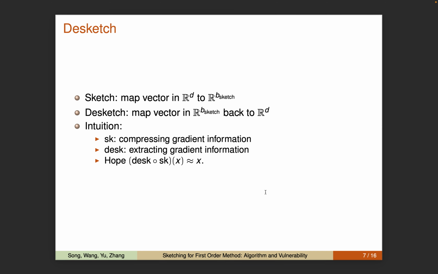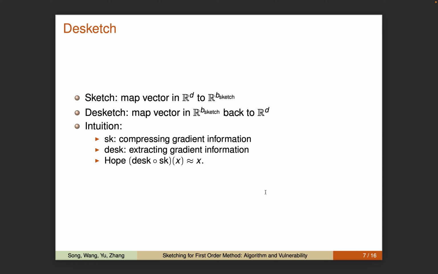This leads to our main algorithm. Before diving into that, we need to introduce some notions. We call sketch a mapping of a vector from R^d to R^B_sketch, where B_sketch is a parameter that we can control. And DSketch is a mapping that maps a vector in R^B_sketch back to R^d.